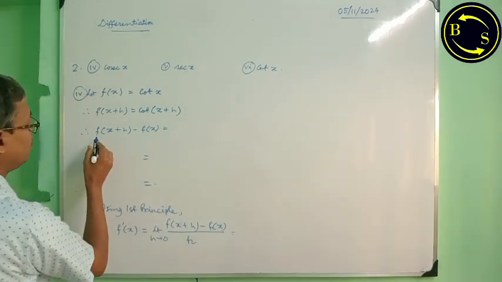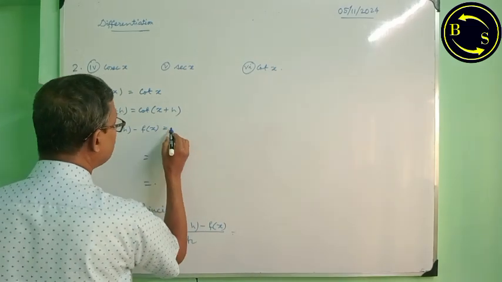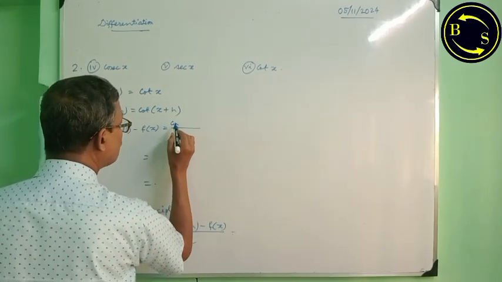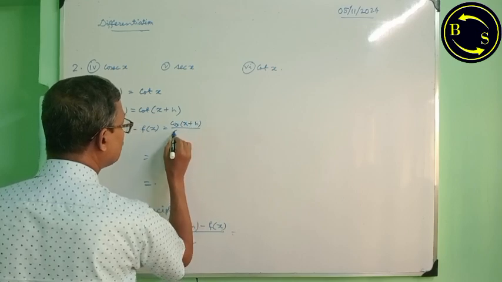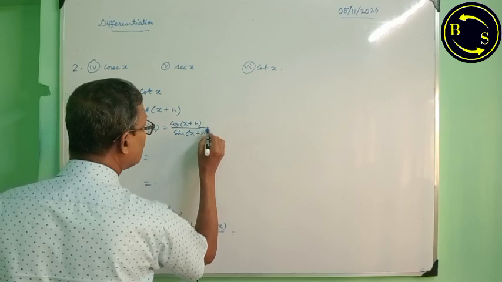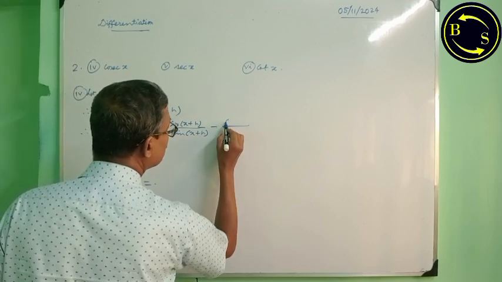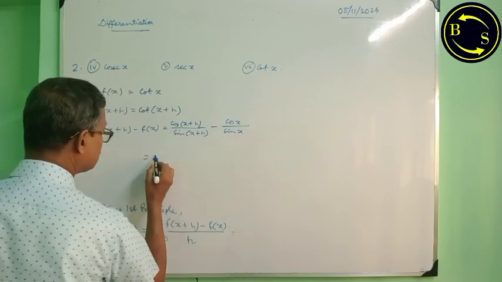Therefore, f of x plus h minus f x will be cot, that means cos of x plus h by sin of x plus h minus cos x by sin x. Now we simplify.